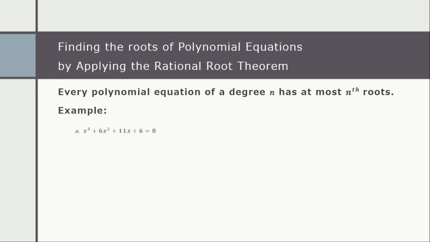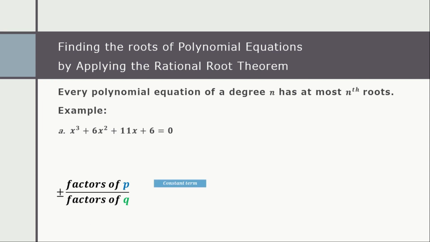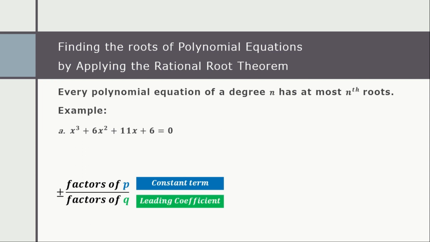For example, find the roots of x raised to 3 plus 6x raised to 2 plus 11x plus 6 equals 0 by applying the rational root theorem. To do that, we need to first get the possible rational roots by following this form: positive and negative factors of p over factors of q, wherein p is the constant term while q is the leading coefficient.